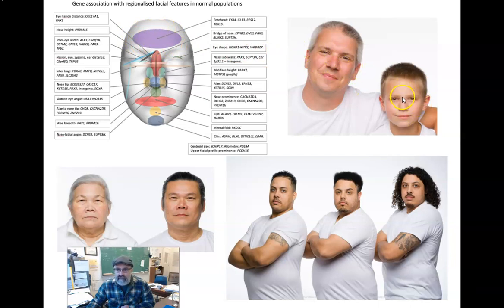Because the genes that determine the shape of his face, the inter-nares distance, the nose height, how wide his chin is, whether you have a dimple, those genes were inherited directly from his father. And so you would assume that organisms that are related to each other would share a similar shape. Oftentimes that is a good assumption, but sometimes not.